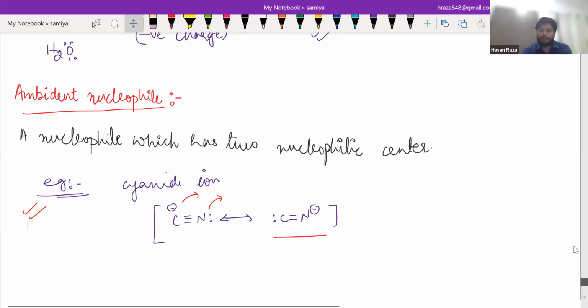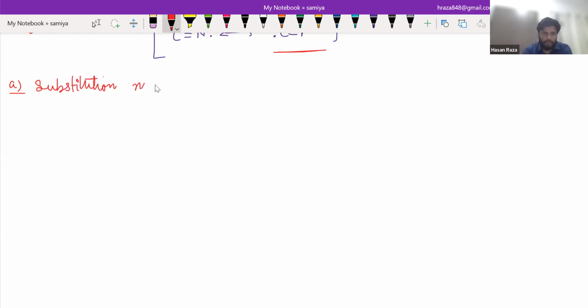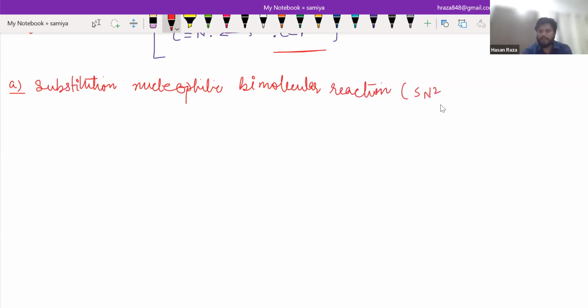Okay. As I told you, nucleophilic substitution reactions are of two types. The first is substitution nucleophilic bimolecular reaction, also known as SN2, which is very famous.